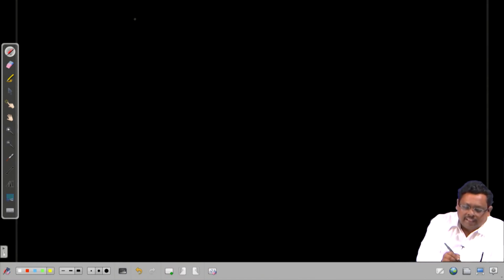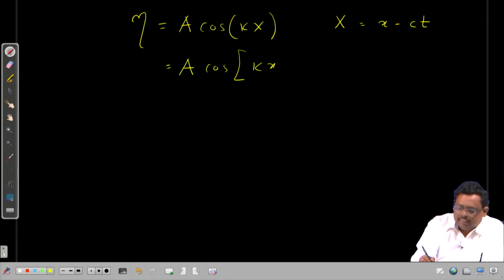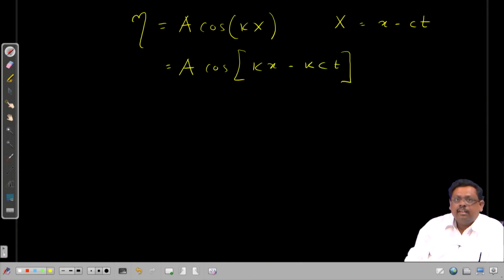Now I can write eta equal to a cos k into capital X. Now, this capital X is nothing but x minus c t. So, therefore, I get eta equal to a cos of k x minus k into c into t, right.